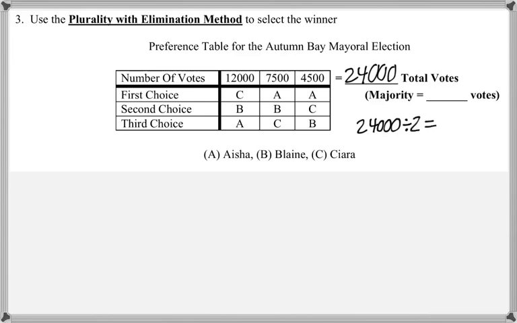So I'm going to divide 24,000 by 2 to get 12,000. So 12,000 would be exactly 50%. So over 50% would be 12,001. So to get a majority, you need at least 12,001 votes.